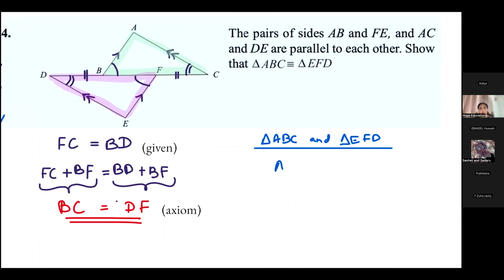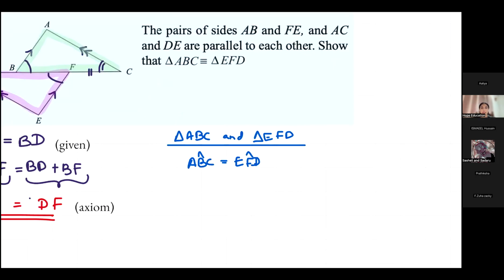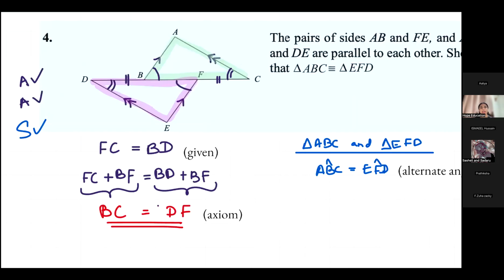ABC equals EFD. And what should be my reason? Alternate angles between parallel lines.